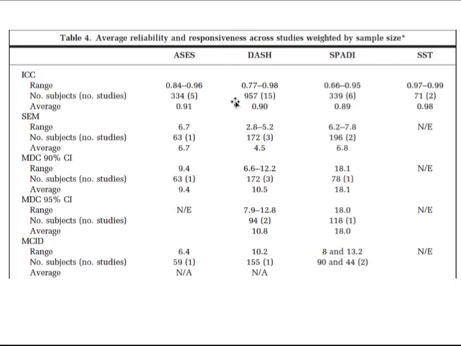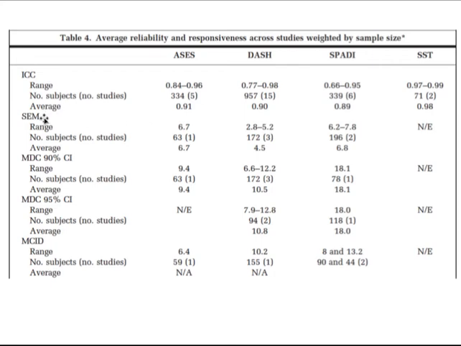So the most popular scale to study by far is the DASH, which is supported by much greater numbers of studies. But the average ICC for each one is really quite high, and they're all really in the acceptable range, which is near or above 0.9.